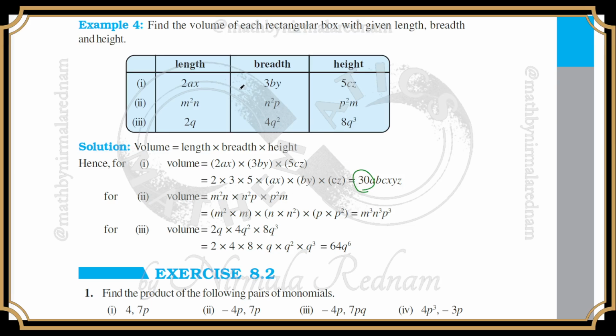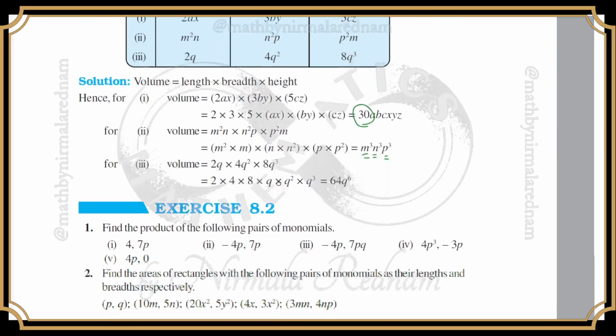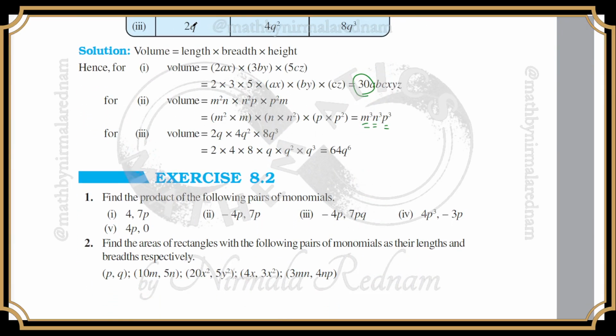And then if you look at the variables, nothing is repeating, so I'll write abcxyz. Next, I have 3 m's, which is m cube, 3 n's, so n cube, and then p cube. That is nothing but m cube n cube p cube. And then here again I have the numericals 2, 4, and 8, which are the coefficients. If you multiply them, you'll get 64. And I have 6 q's, so q power 6, right?